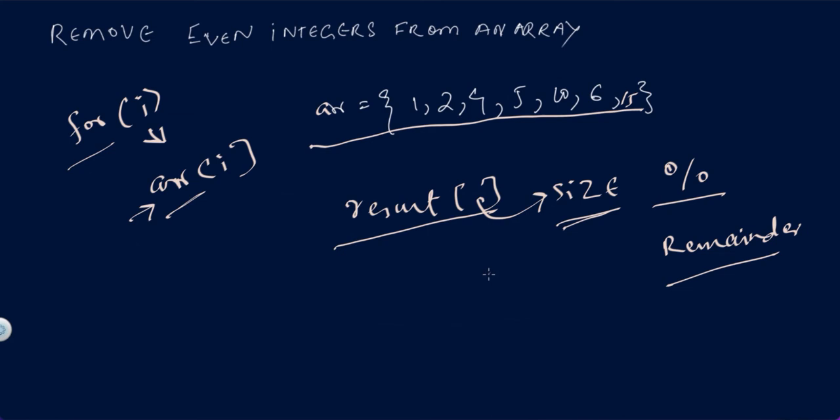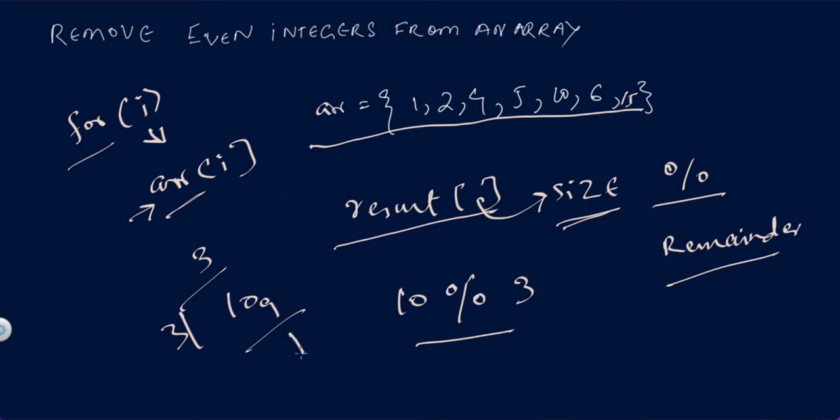It tells us the remainder of our integers. For example, if we have 10 and we use it with 3, then what does it mean? It means that we will divide 10 by 3. If we divide 10 by 3, then we will have a 1 as a remainder. So the output will be 1.